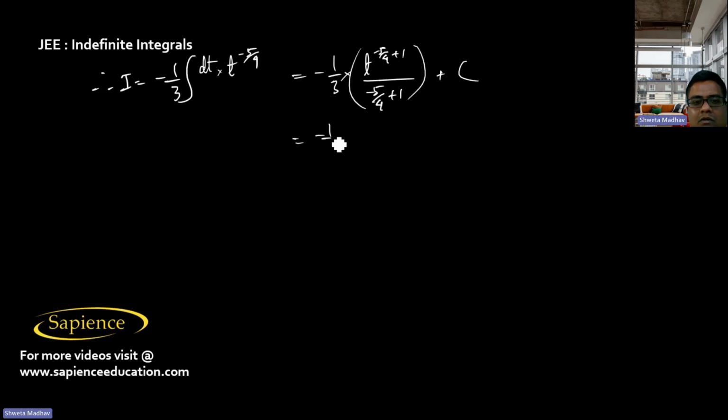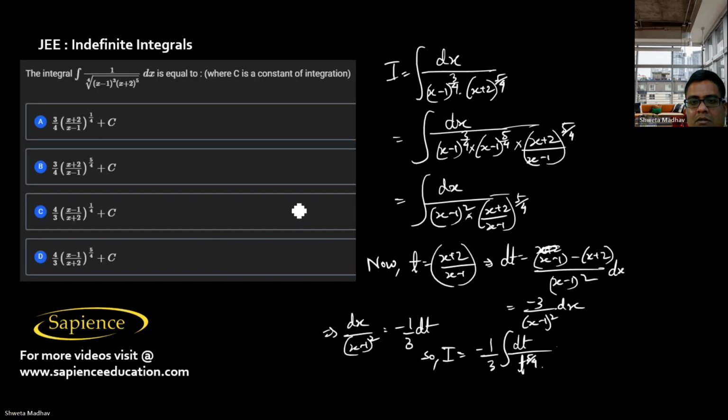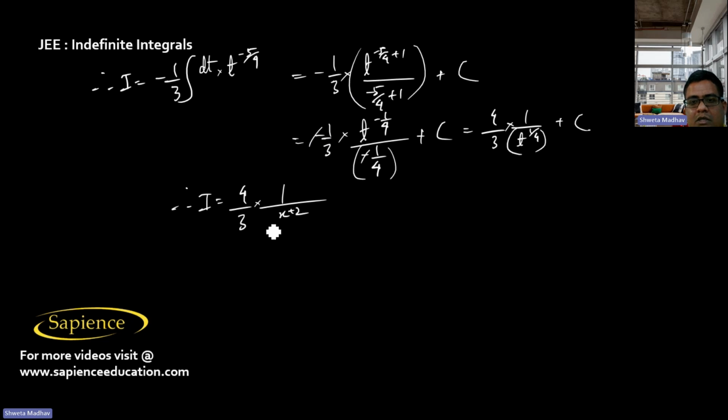So this will be minus 1 by 3 into t power minus 1 by 4, divided by minus 1 by 4, so minus minus will cancel, plus c. So that is 4 by 3 into 1 by t power 1 by 4 plus c. So therefore the integral I is 4 by 3 into 1 by x plus 2 by x minus 1 whole power 1 by 4, plus c.